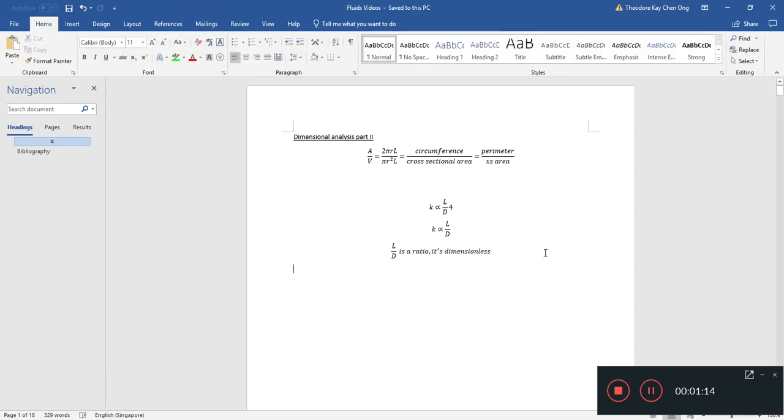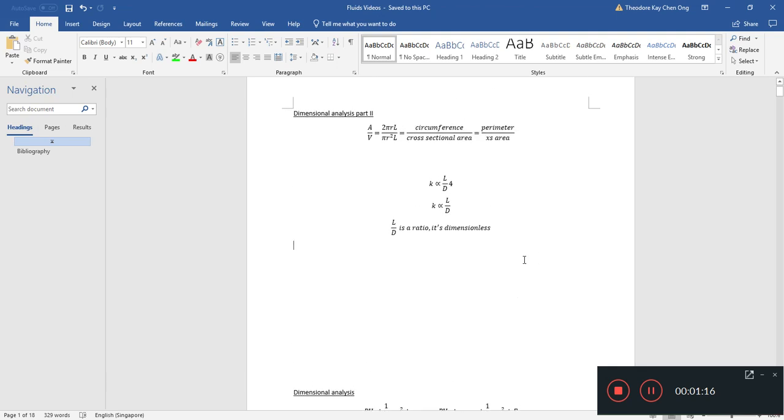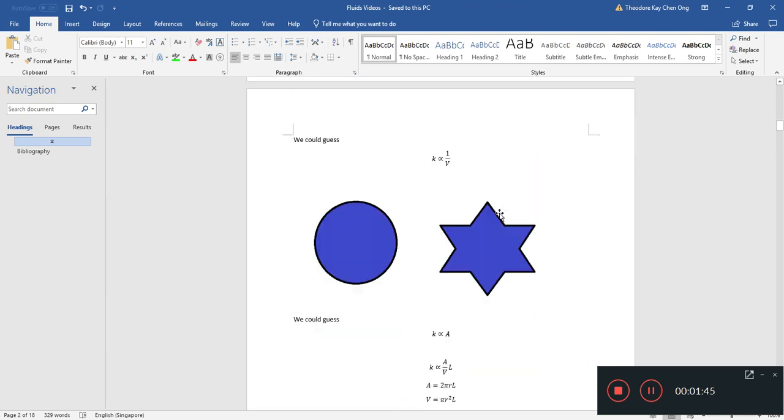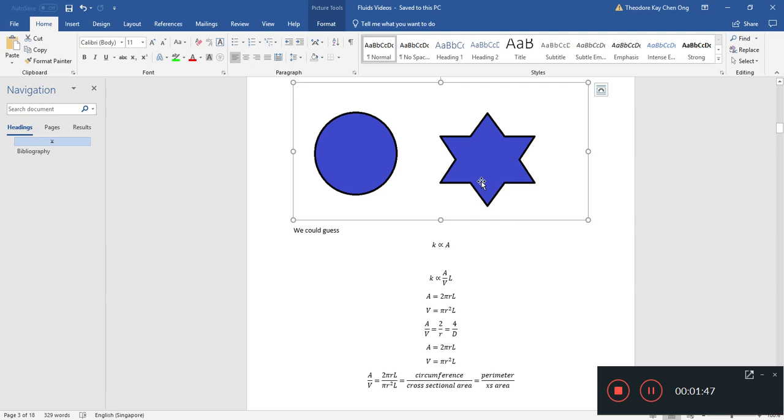So instead of having circular pipes of various length and diameter, where you have to test for each one of their K, you can just have a simple correlation between K and L over D, and experiments have found it to be sort of linear. That helps you avoid having to perform a million experiments for cylinders of all shapes and sizes.